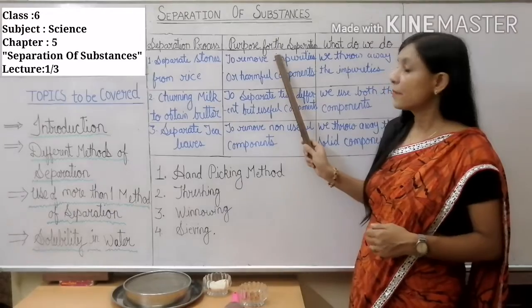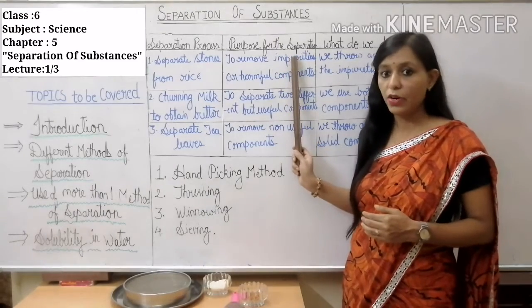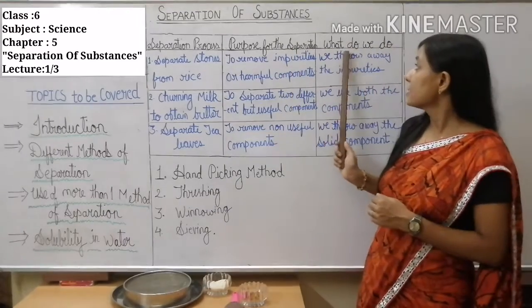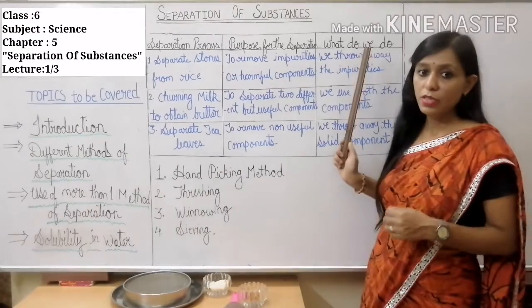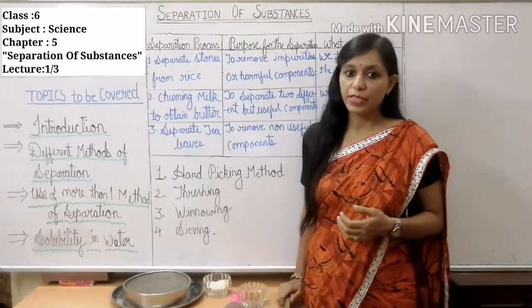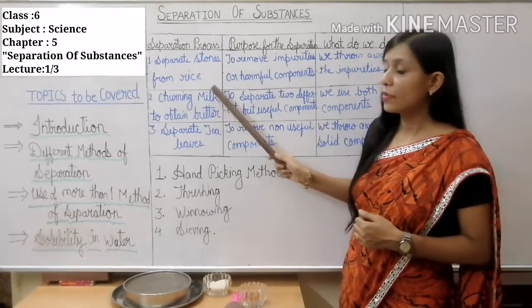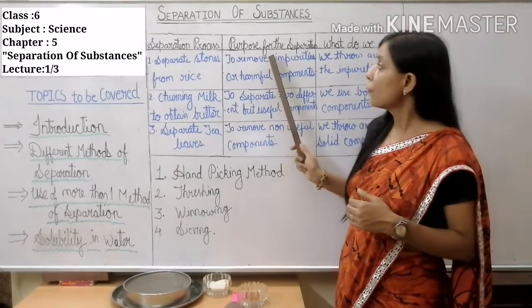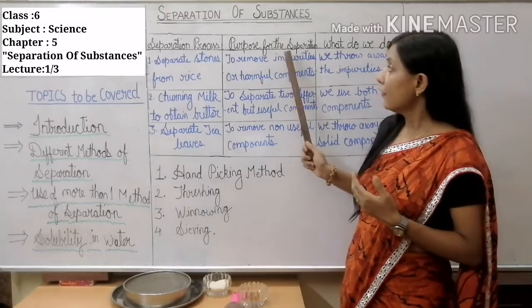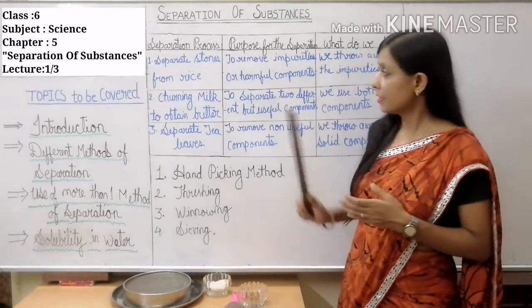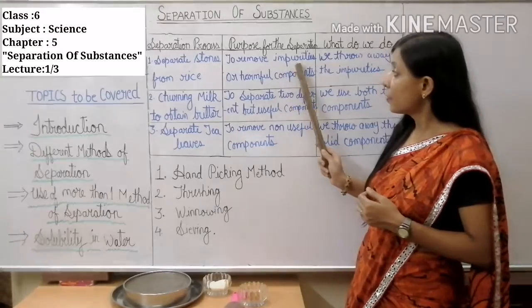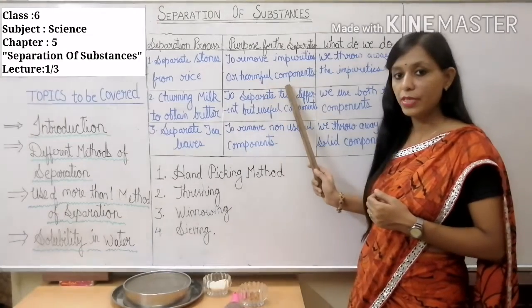Second one is the purpose for the separation. Third one is what do we do with the separated components. The first one is separate stones from rice. So what is the purpose for the separation? Yes, to remove impurities or harmful components.